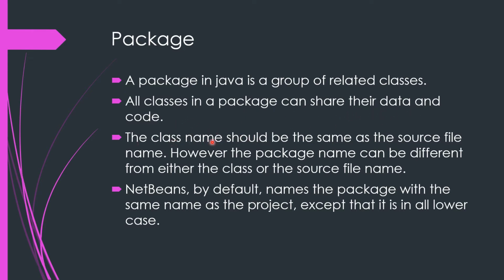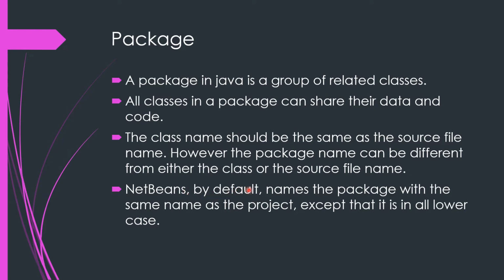The class name should be the same as the source file name. This is compulsory: the class name must be the same as the source file name. However, the package name can be different from either the class or the source file name. It is not compulsory that the package name be the same as the class name, but the class name must be the same as the source file name.